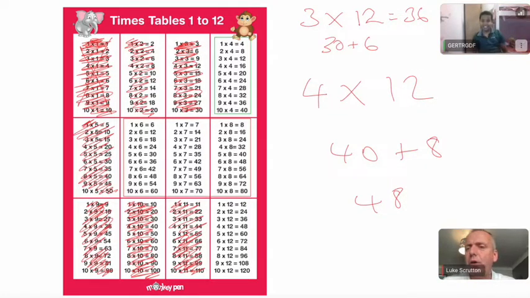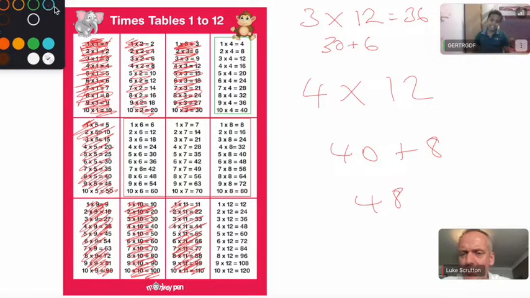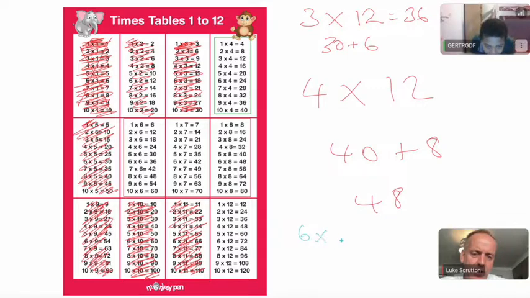Can I show you another one? So what I'm going to do now, I'm going to change colour so we don't get confused. I'm going to go to blue. So I'm now going to do 6 times 12. Okay? And that's going to be 60 and 12, which is going to give me 72. Make sense? Yeah.